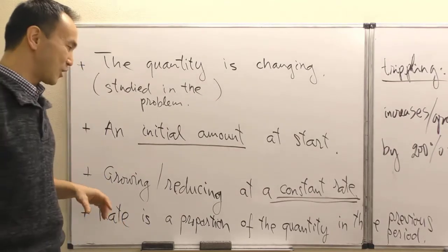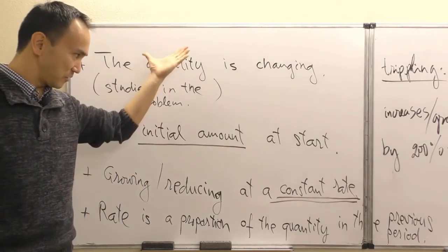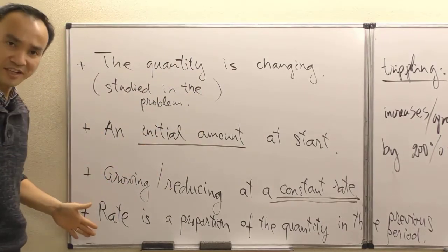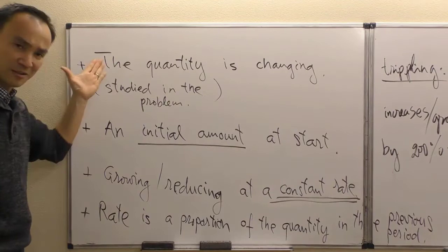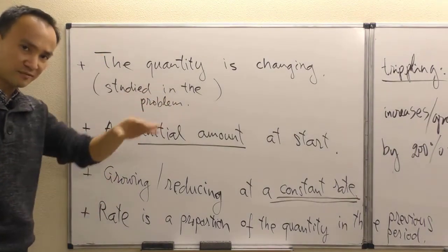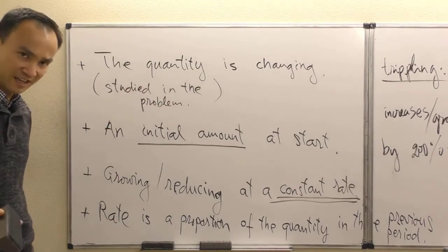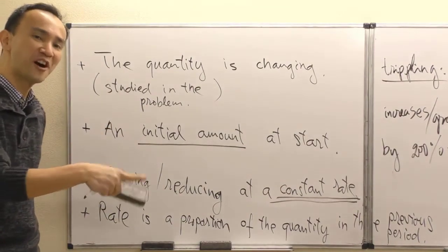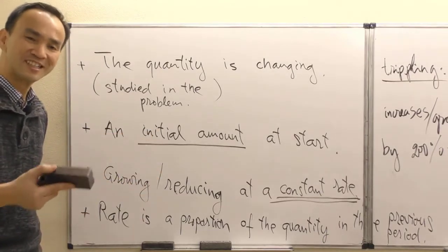Indeed there are only 4 major characteristics here. Once we've recognized them in any problem outside of these 5, very likely the problem you're working with has an exponential function behind the scene to model the quantity.